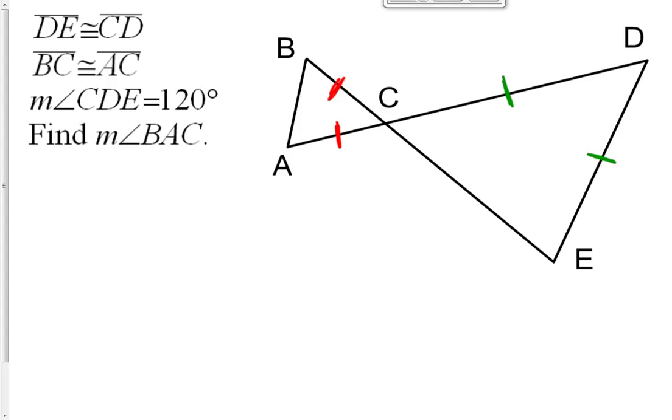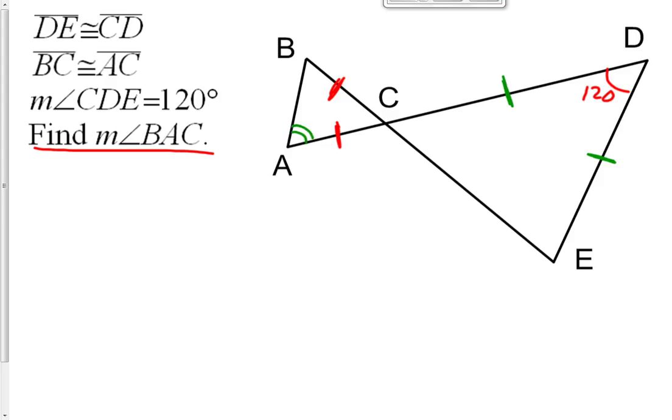So those two are congruent. And then we also know that the measure of angle CDE is 120. So CDE, this angle right here, is 120 degrees. And our answer, find the measure of angle BAC. We are all done once we know how many degrees this angle is.